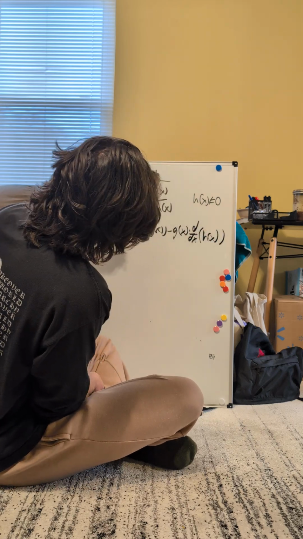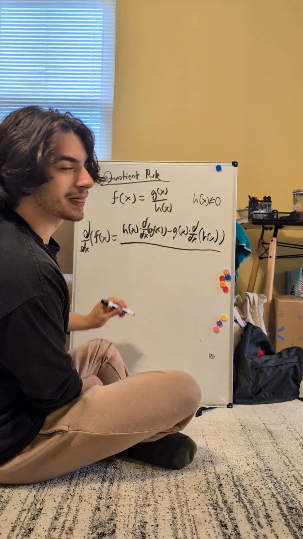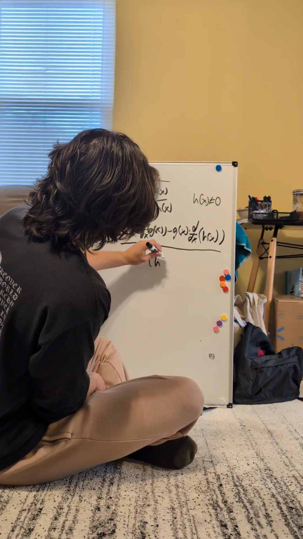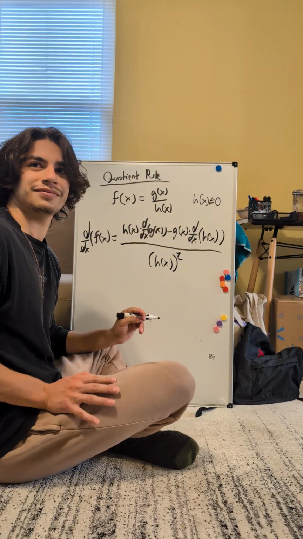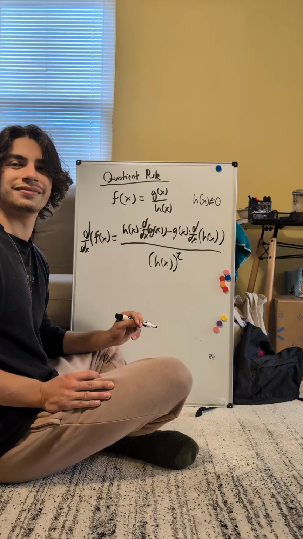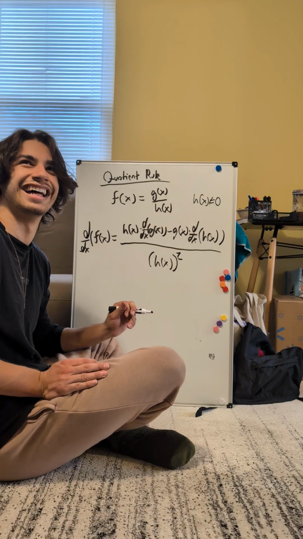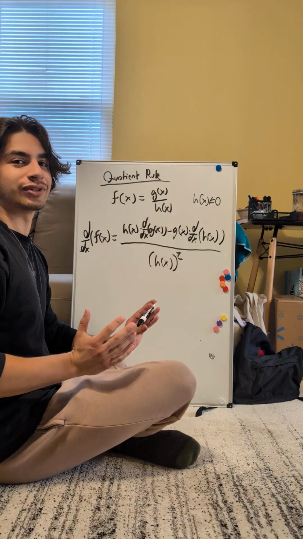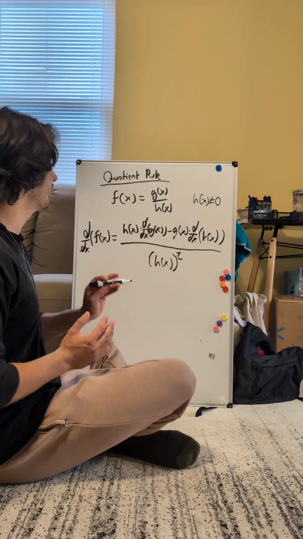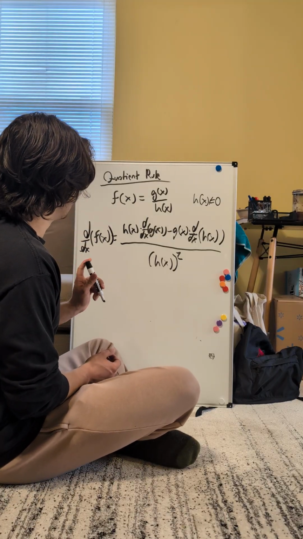And we put that all over the bottom function squared. So this is a rough formula. You're definitely gonna have to practice this a little bit.